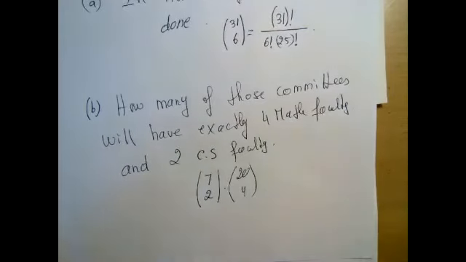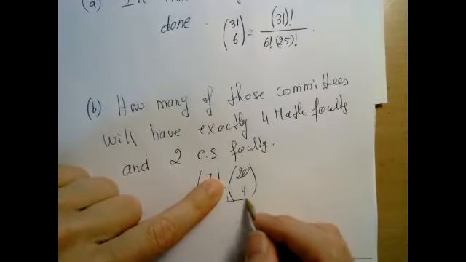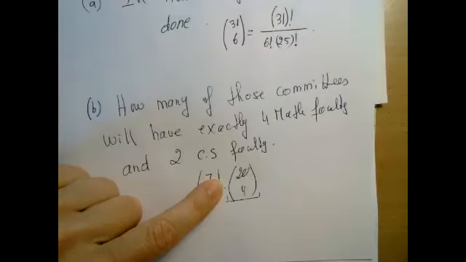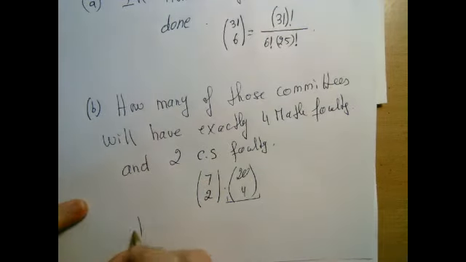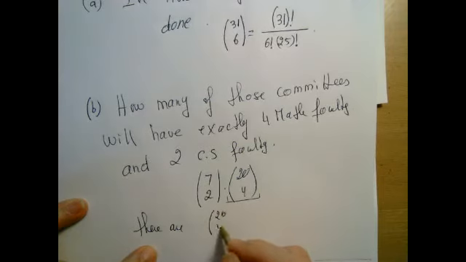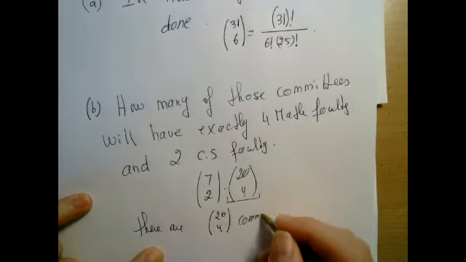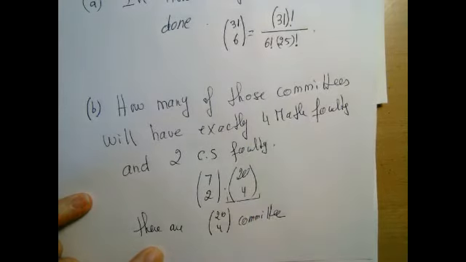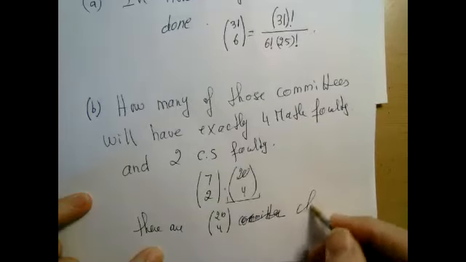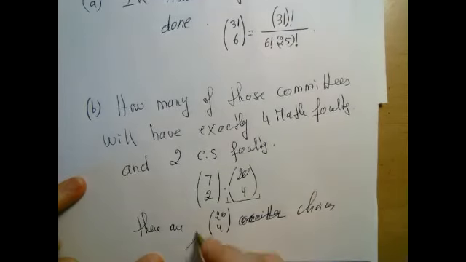So what is the logic? First, we pick the 4 faculty out of the math people. There are 20 choose 4 committees. There are that many choices for the math people.